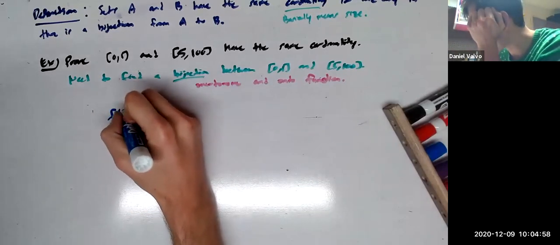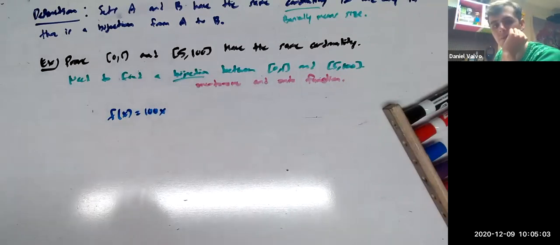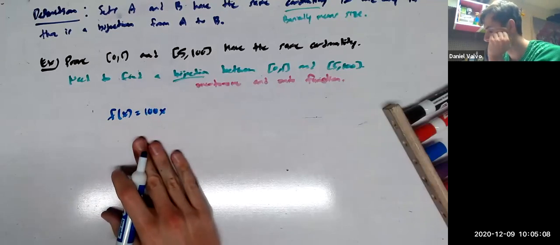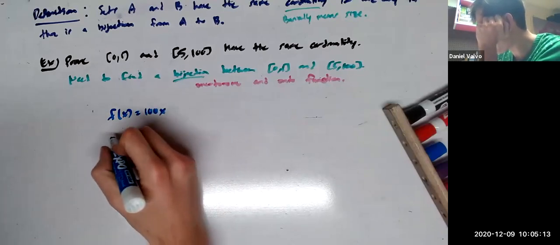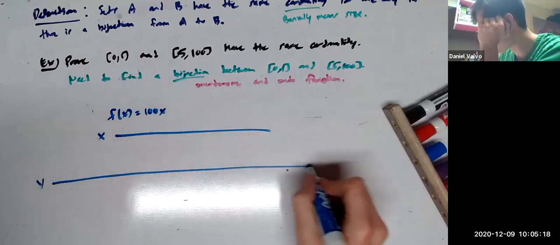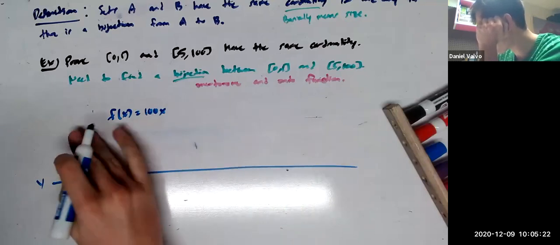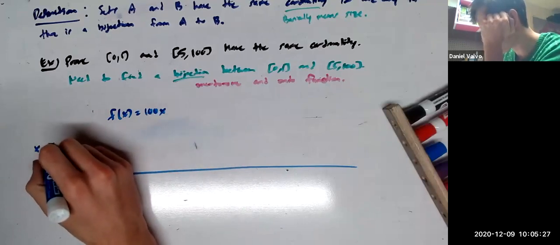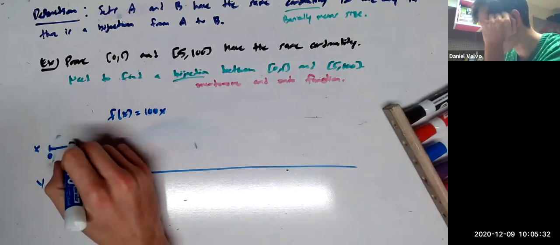If f(x) were to equal 100x, that was the function we're trying to make work as a bijection. If we look at x here, and then we look at y, the outputs, we have x going from 0 to 1.